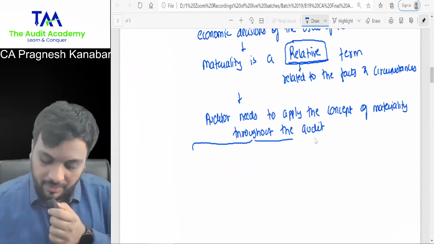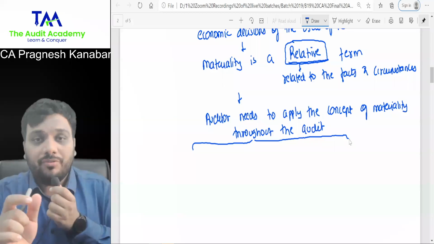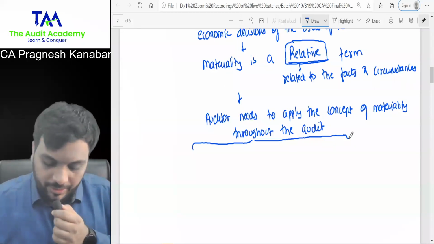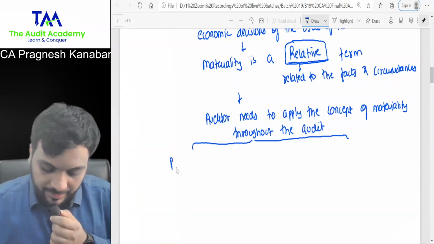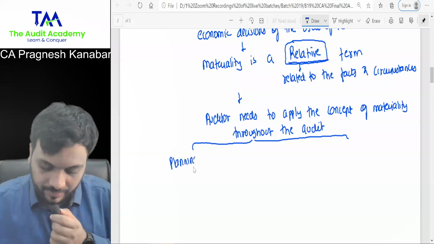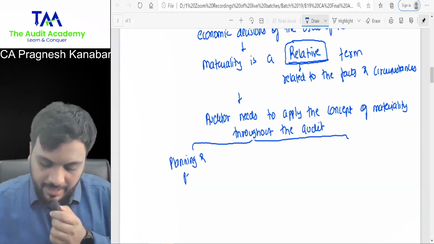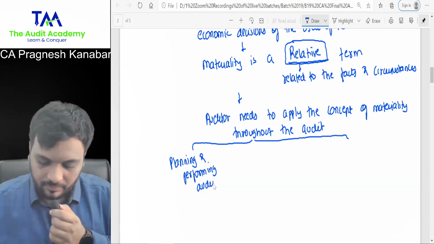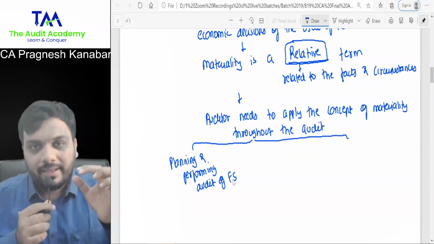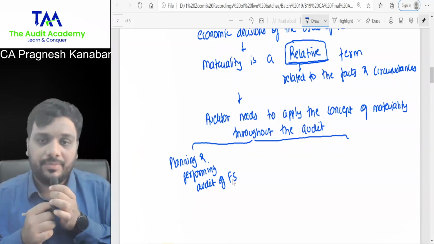Now I want everyone to focus. To be very specific, auditor is going to apply the concept of materiality while planning and performing audit of financial statements.